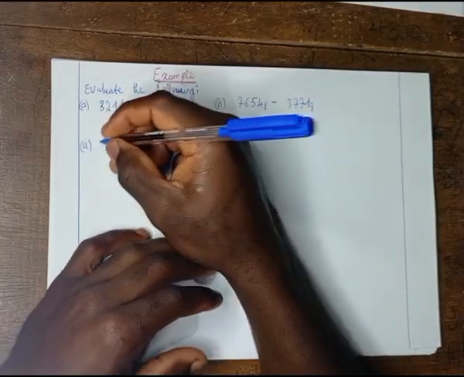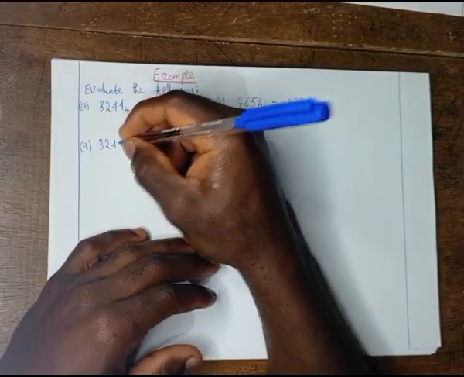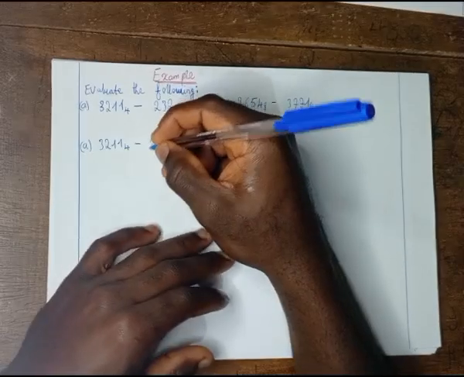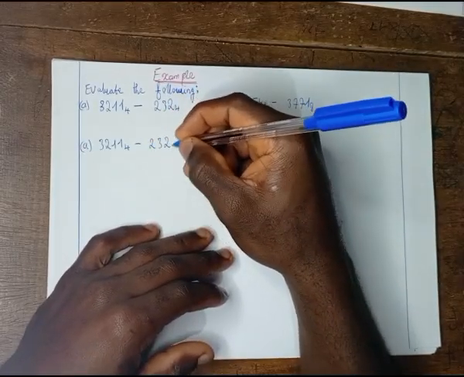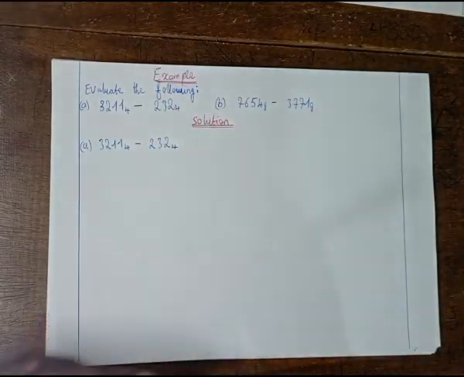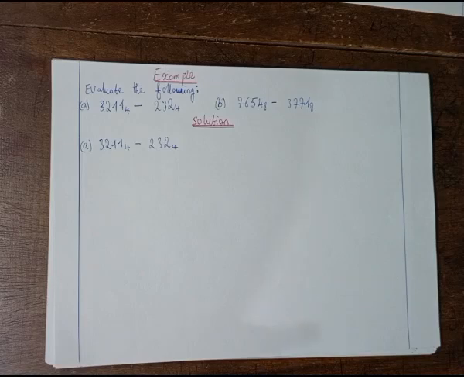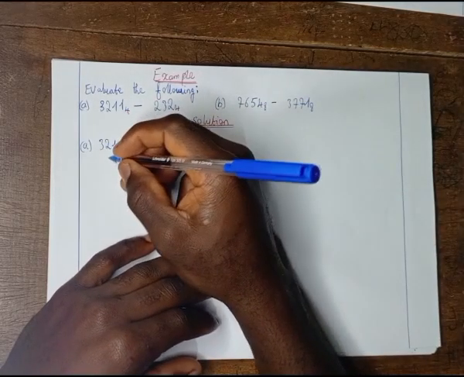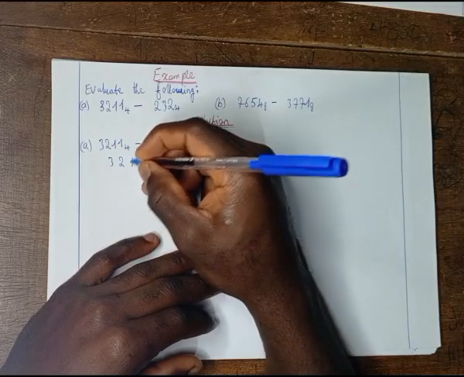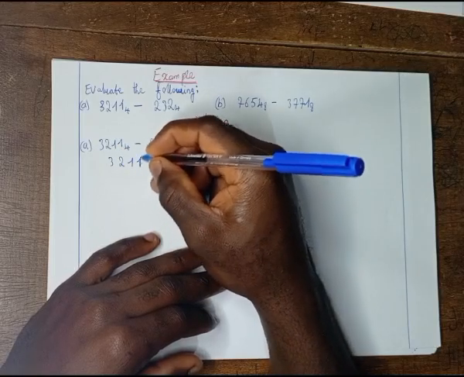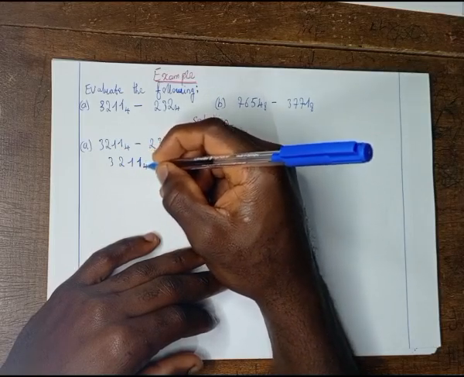A, we have 3 2 1 1 in base 4 minus 2 3 2 in base 4. First thing, we arrange the two numbers. We start from the first number. We write down the first number: 3 2 1 1 in base 4.